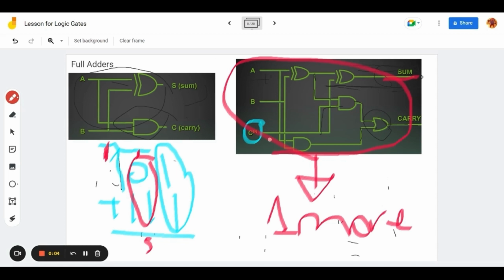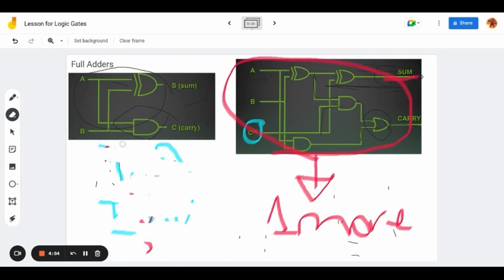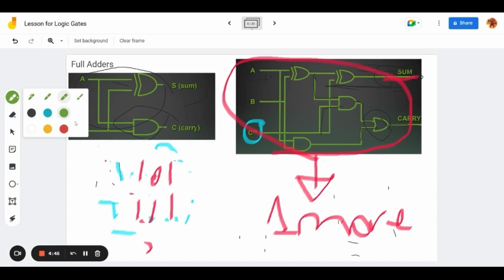Listen to this clearly. Every single full adder deals with just one row. While the half adder deals with the first row, which is this row right here, every single full adder deals with a single row.